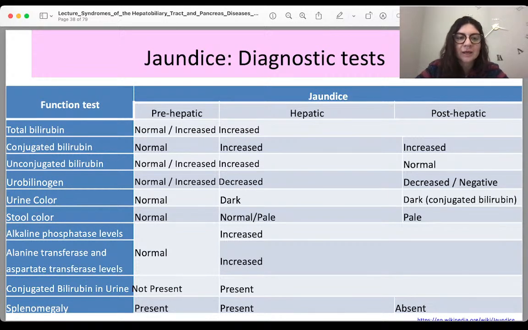We determine urine color, stool color, levels of alkaline phosphatase, alanine transferase and aspartate transferase, conjugated bilirubin in urine, and presence of splenomegaly. And according to the type of jaundice, prehepatic, hepatic or posthepatic, you see what the most typical changes in what signs we can see.